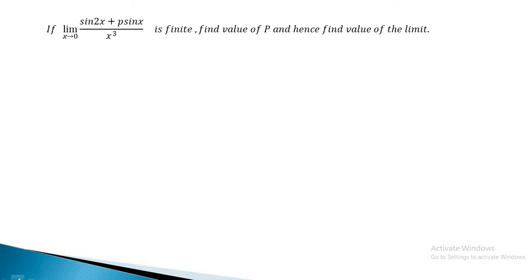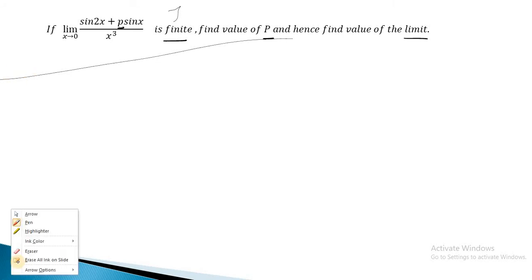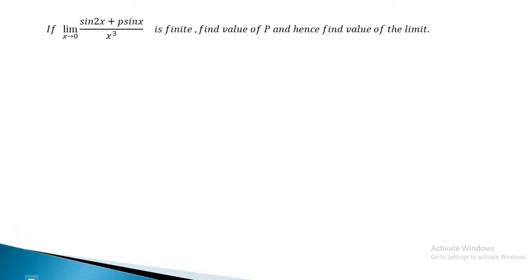Now, next type of examples contains some value of unknown p or variable, and what is given? The limit is finite, then we have to find out the value of p and hence find the value of limit. Okay. So first start with given function.